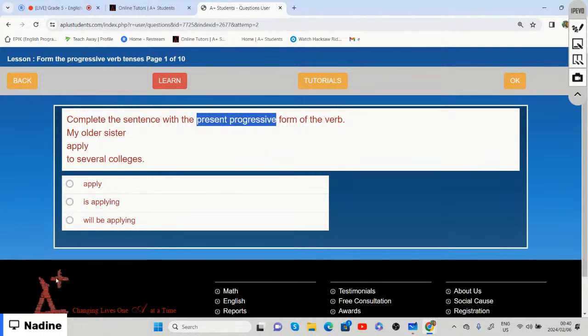And if we make mention of the present progressive form, do we just say my older sister apply, or do we say my older sister is applying to several colleges, or my older sister will be applying to several colleges?